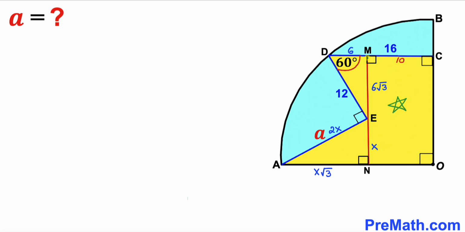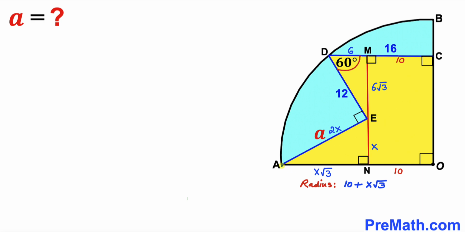If this side is 10 units, then this side length is 10 units as well. So the whole side length AO is x times square root of 3 plus 10, which gives us 10 plus x times square root of 3.